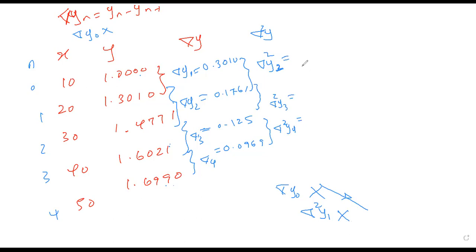Okay. So positive 0.1761 minus 0.3010, is a negative, no? Negative 0.1249. Okay. What about this one? Okay, 0.0511. This one, squared y4. Okay, 0.0281. Good. Okay, let's go for nabla cube y as well.